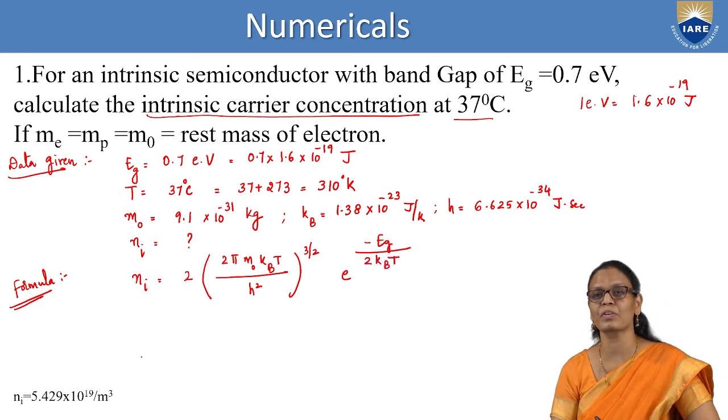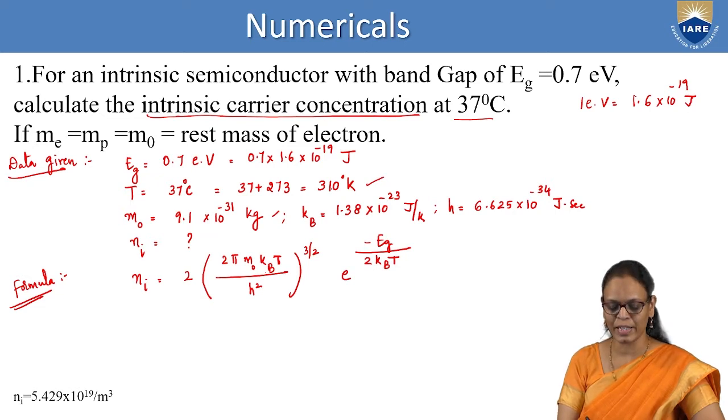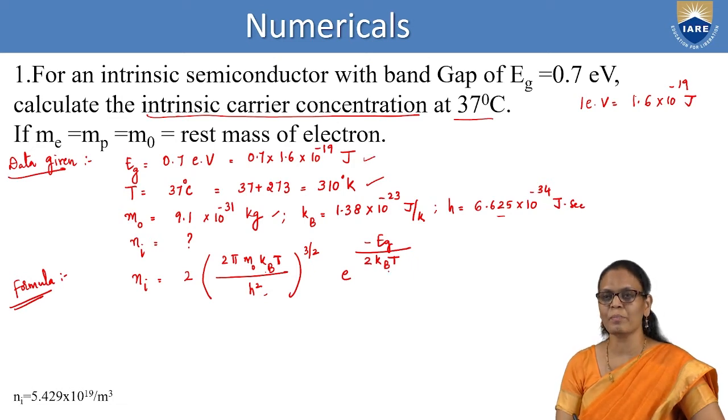This is the formula we are going to use, and we have discussed all the terms. M naught is the rest mass, 9.1 into 10 power minus 31. Kb is a constant, 1.38 into 10 power minus 23. T is the temperature which we have converted into Kelvin, 310 Kelvin. h is again a constant, 6.625 into 10 power minus 34. And Eg is 0.7 electron volt, which we have converted into joules.